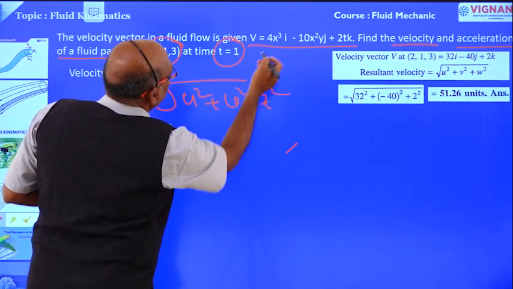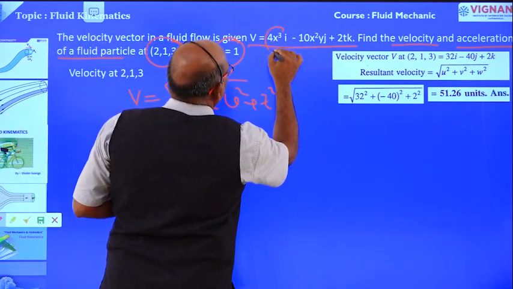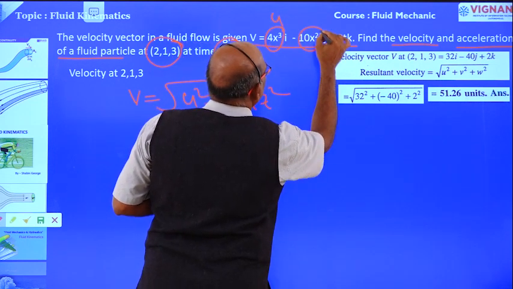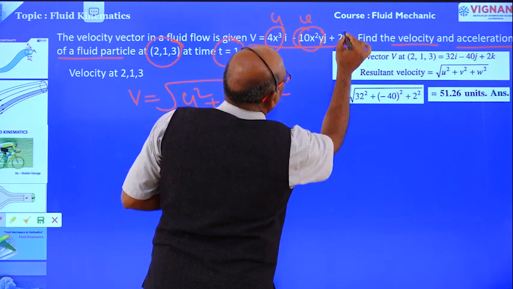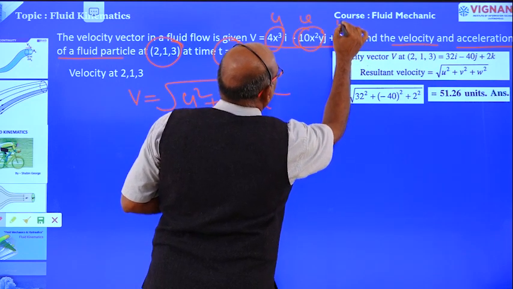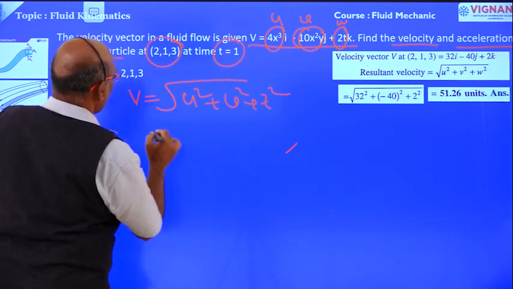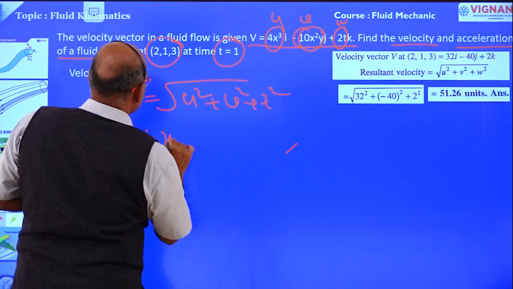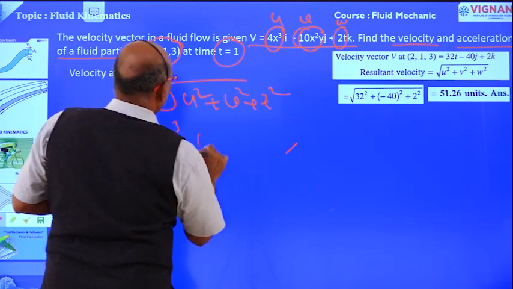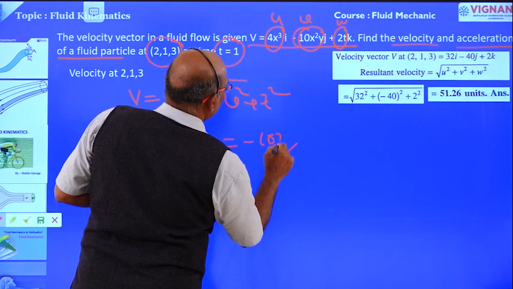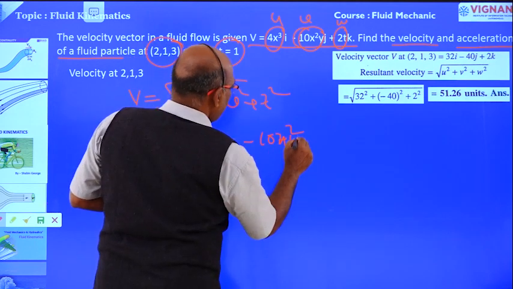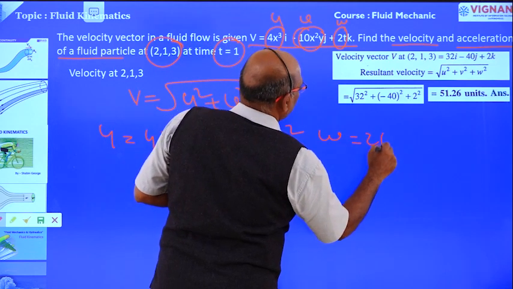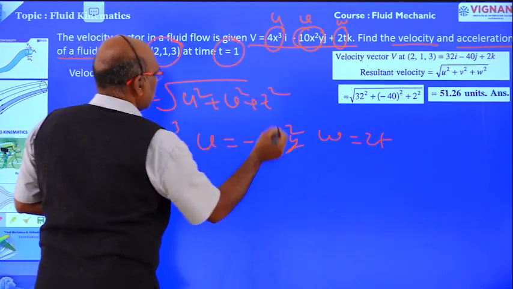Right here, this is u, this is v, and this is w. First we note down u is equal to 4x cube, v is equal to minus 10x square y, and w is equal to 2t.